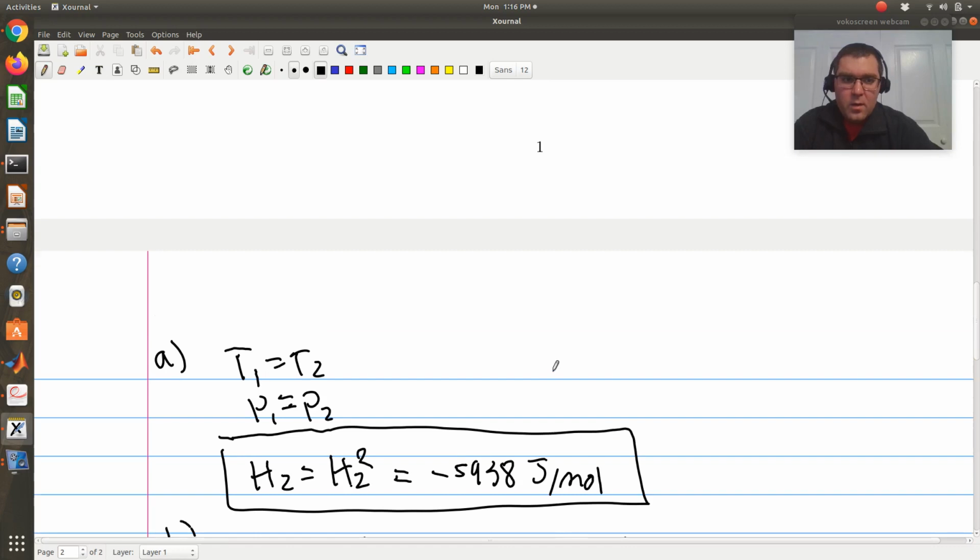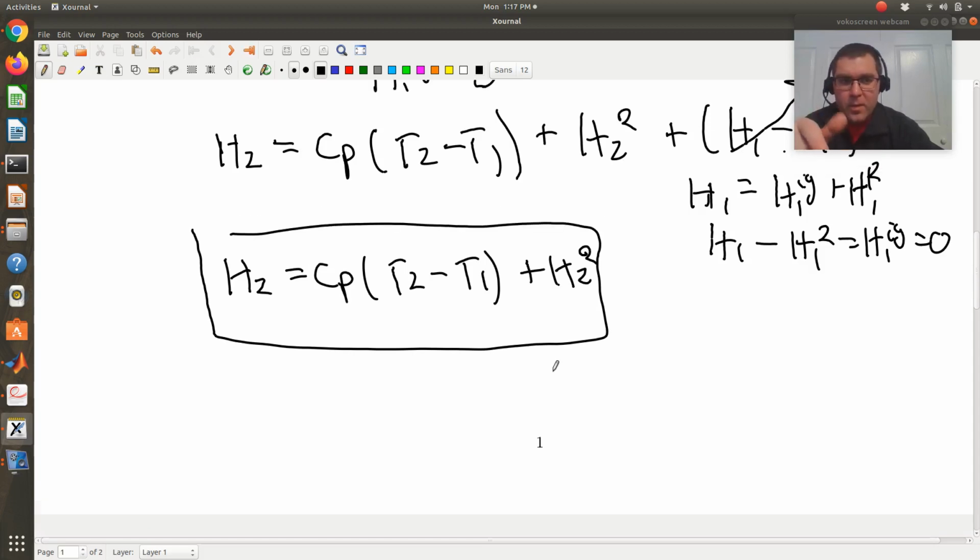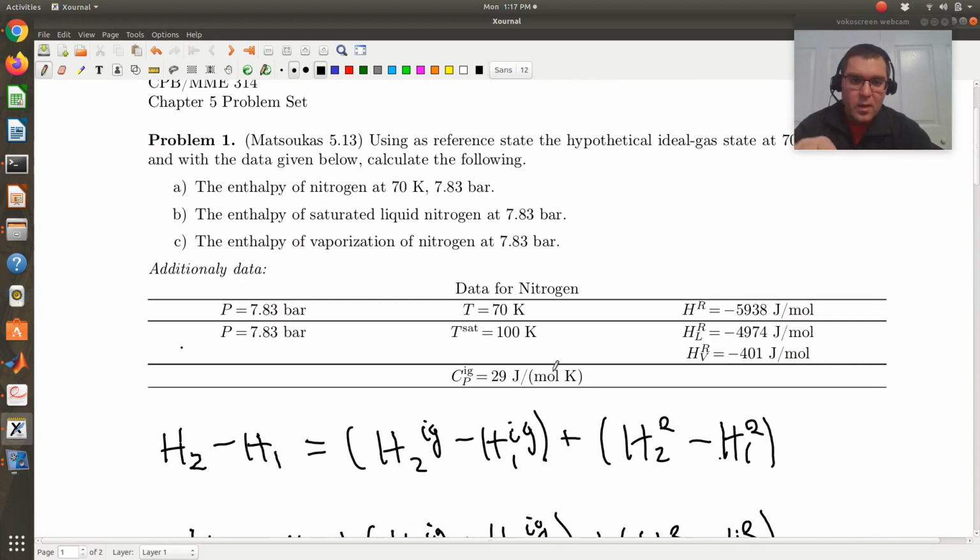So when I look at our general equation, H2 is going to be Cp times T2 minus T1 plus H2R. Now, in terms of state 2, what's important is that we're looking at a saturated liquid. At 7.83 bars, Tsat is 100 Kelvin, so I have two-phase coexistence at 100 Kelvin and 7.83 bars.